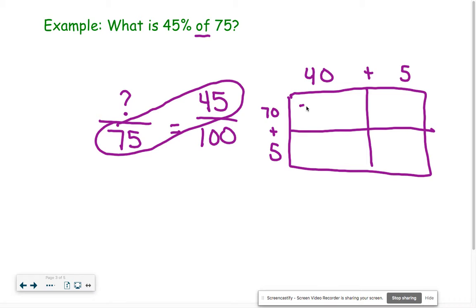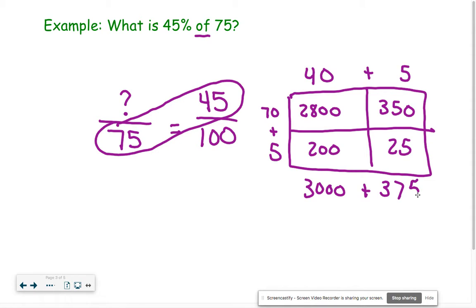So as we put together our problem and we start solving all of our boxes, we then will go and add all of our amounts together. I like to add columns first. This column is 3,000 and then I add this column, which is 375.